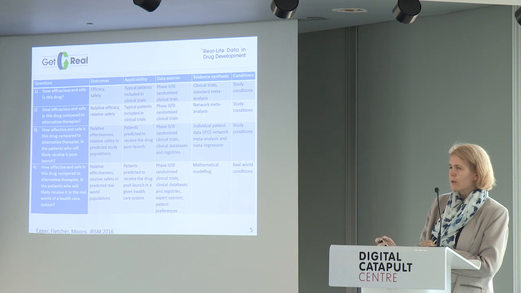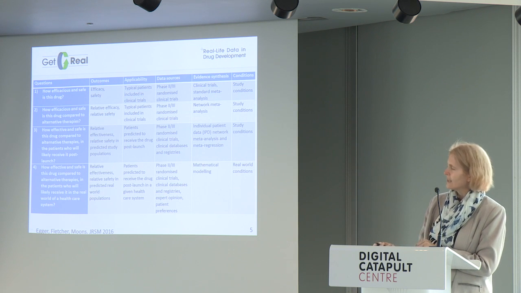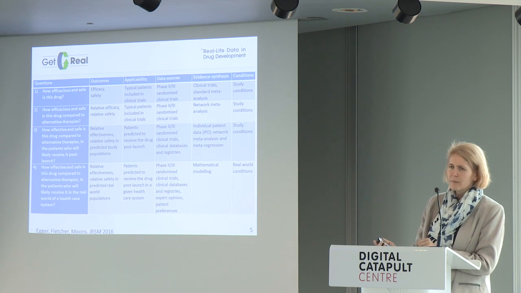We're looking at a much larger source of data: controlled trials, clinical databases, clinical practice registries. This is the data sources that we now are looking at using. And we're getting into much more mathematical modelling to help us predict those kinds of settings under real-world conditions. So bear those questions in mind as we go through this part of the session today.